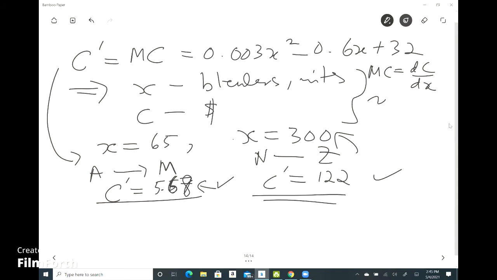Now, when you want to interpret, you think of it as delta C over delta X. You are looking at 1 unit increase in the X. Okay, so I wanted you to write the interpretation of the marginal cost with the unit, all right, with the unit of the X and the C.